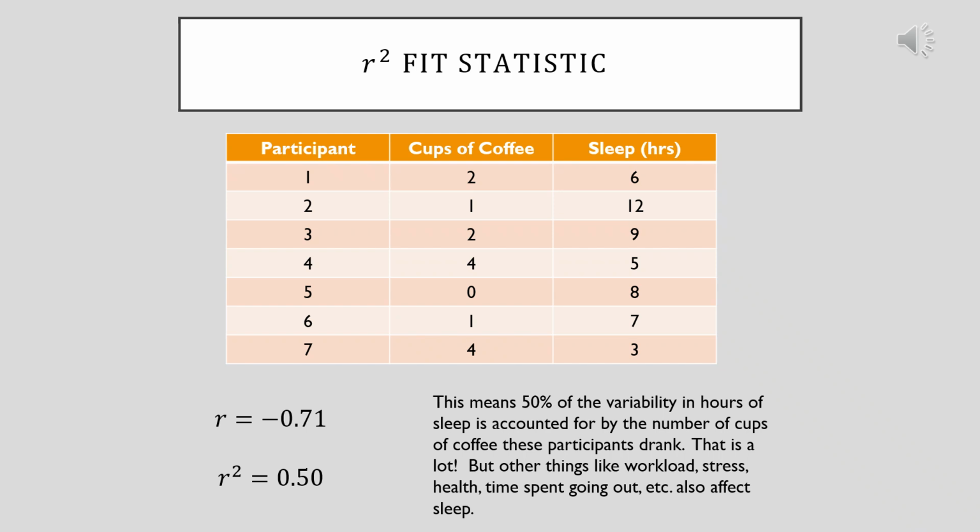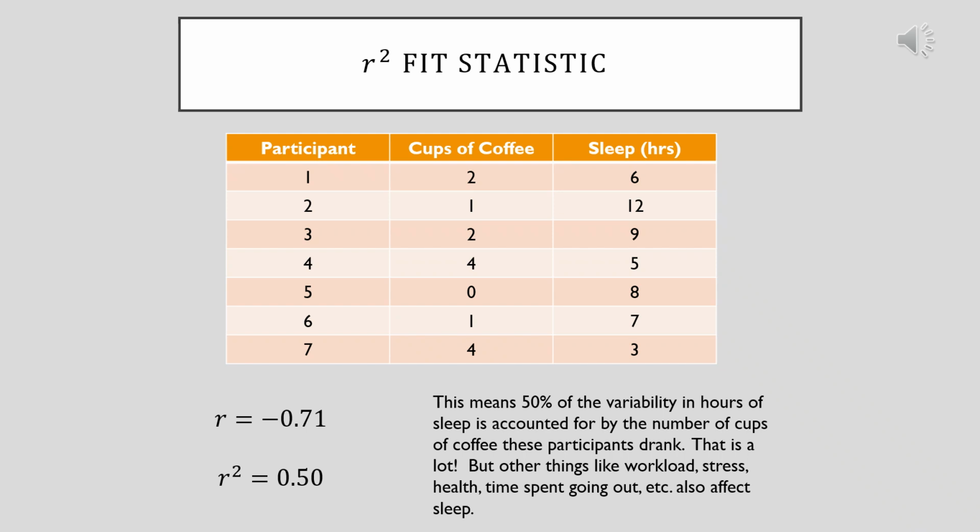Now again, this is all made up data, and this only applies to these specific people in this specific sample. Because of course, it's not just that coffee affects your sleep. There's all kinds of things that can affect your sleep: going out, workload, stress, your health, all that good stuff. And that would account for the other 50%.